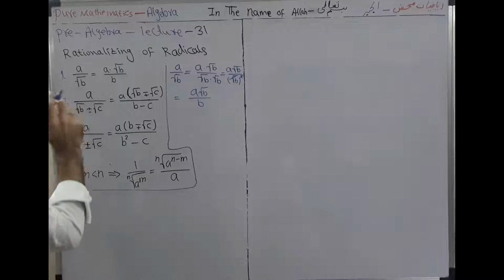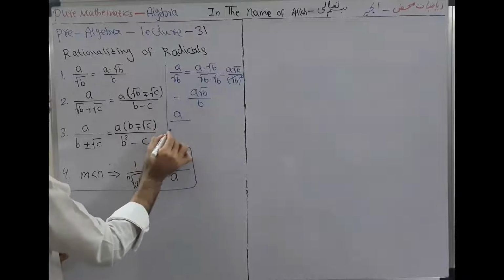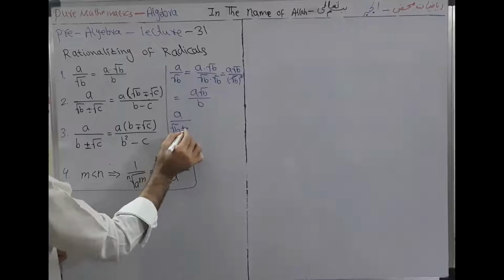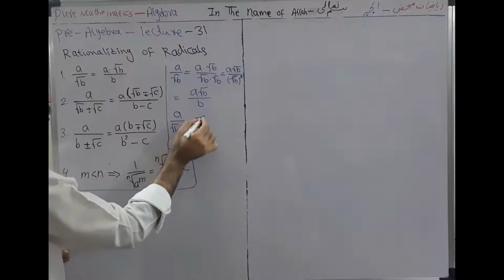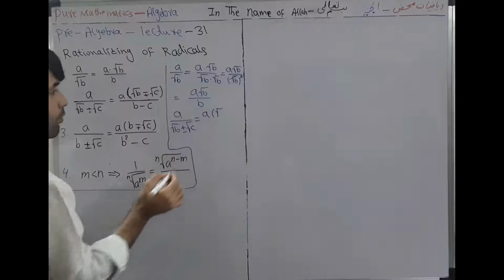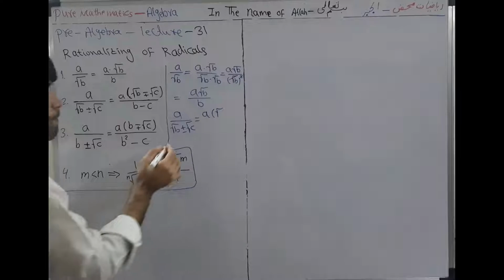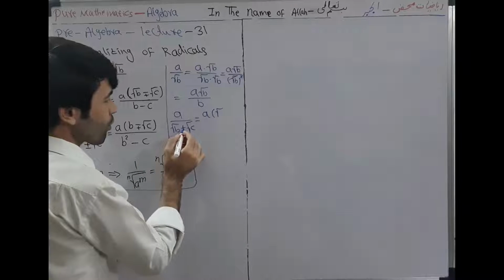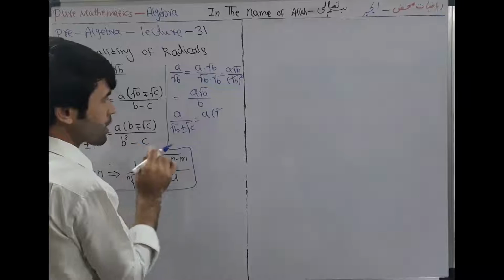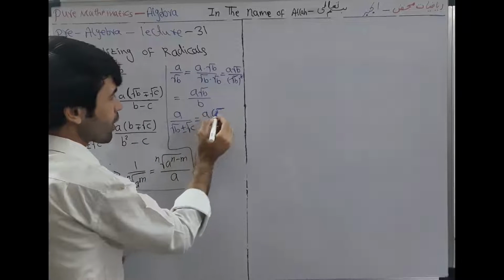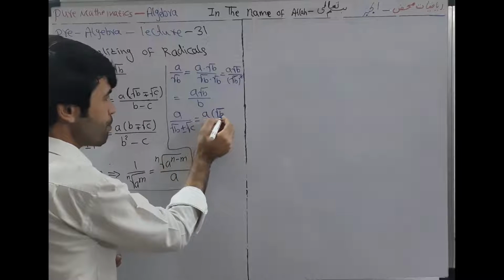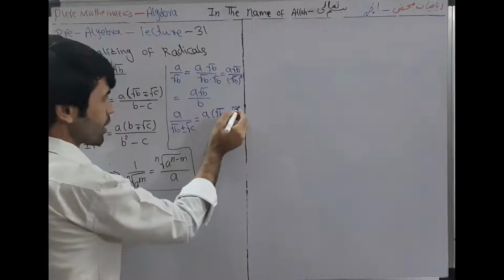Second one, we have a over square root of b plus minus square root of c. It is equal to a into square root of b, if we had plus, we multiply by square root of b minus square root of c.